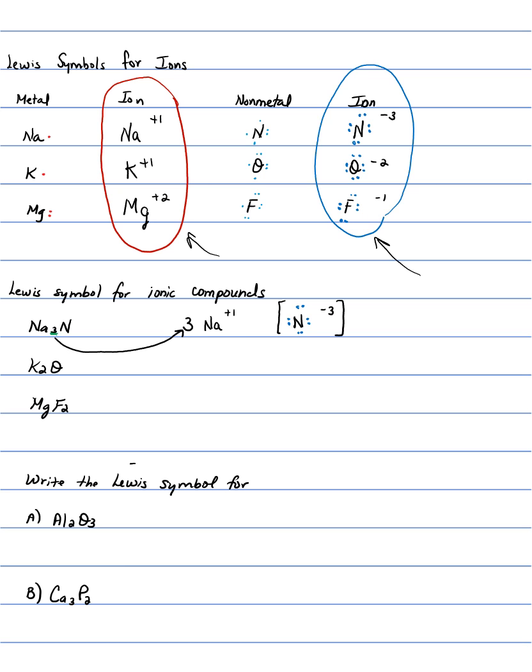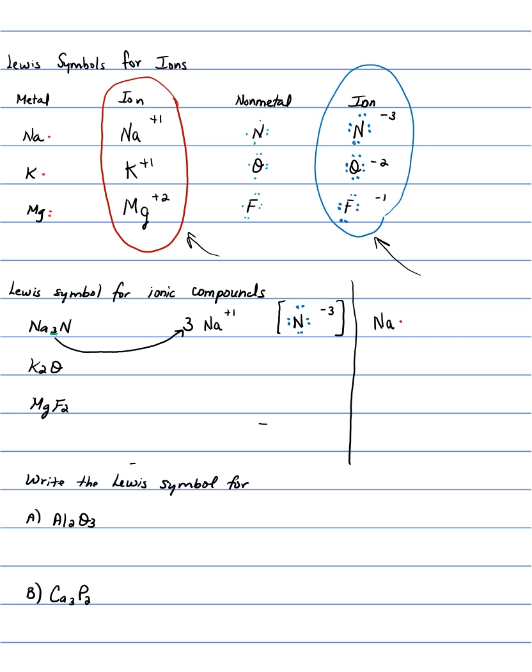Now I'm going to explain to you what's happening here with the electrons very quickly. The element sodium has 1 valence electron, and when the compound sodium nitride is being formed, you have 3 ions of sodium right there.